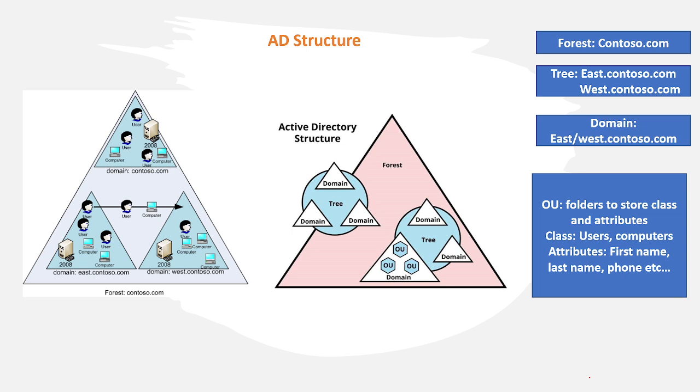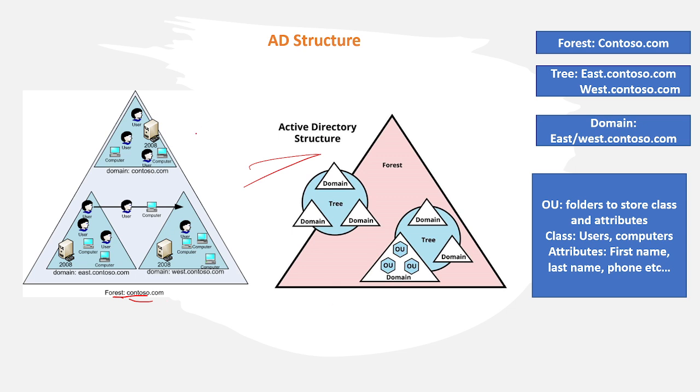If you look at this picture, you will understand better. If I talk about the AD structure, it is the same thing I explained in the previous slide. You have a forest called contoso.com. This is the Microsoft website. The name of the forest is contoso.com, and it has multiple domains.